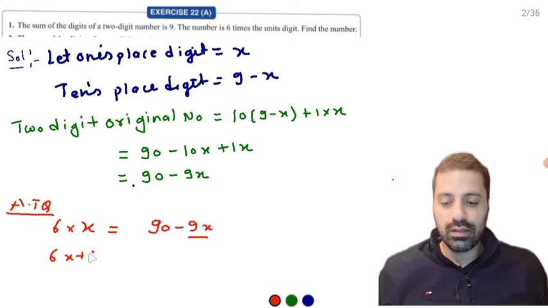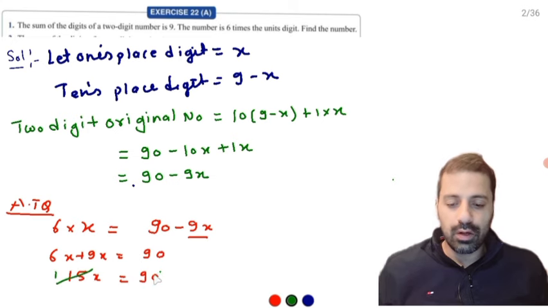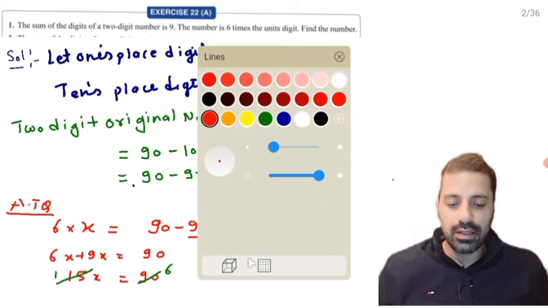This 9x when it goes to the left hand side becomes positive, 9x plus 6x will be 15x, and is equal to 90.